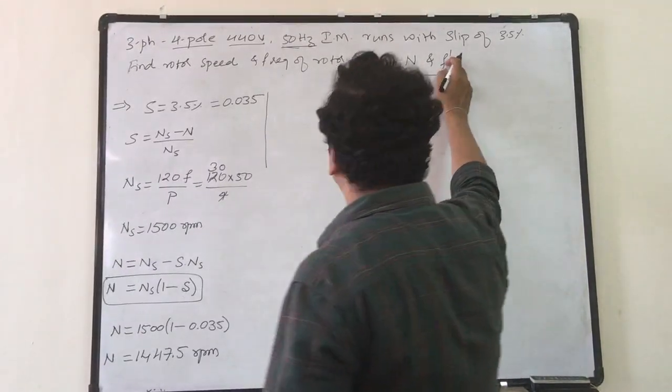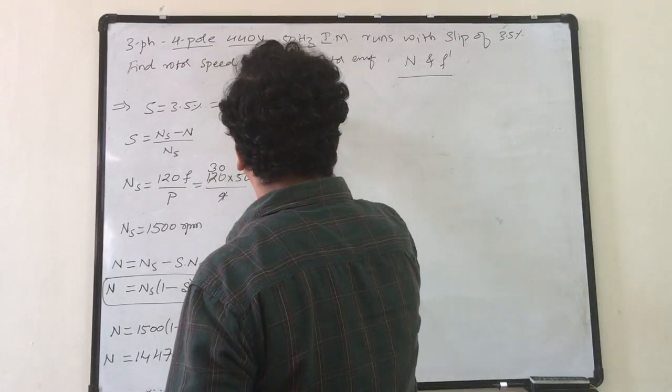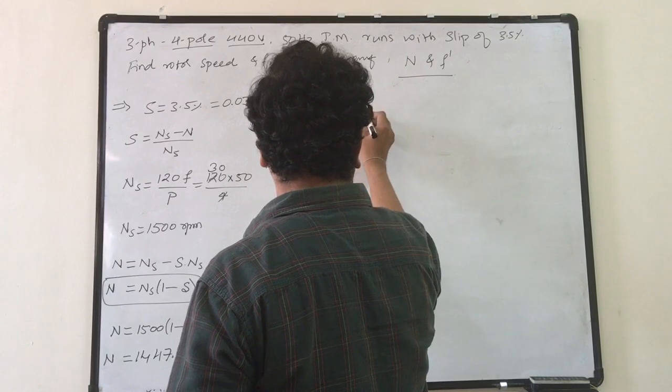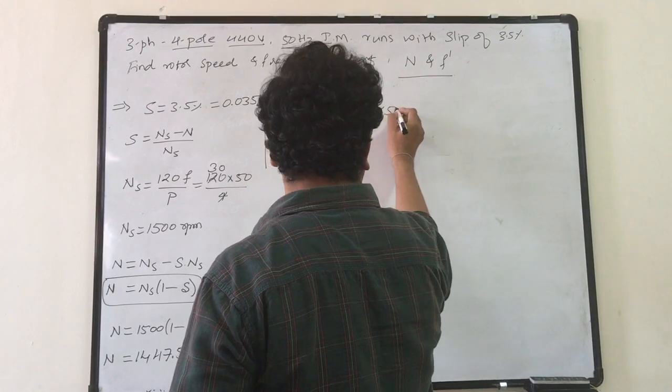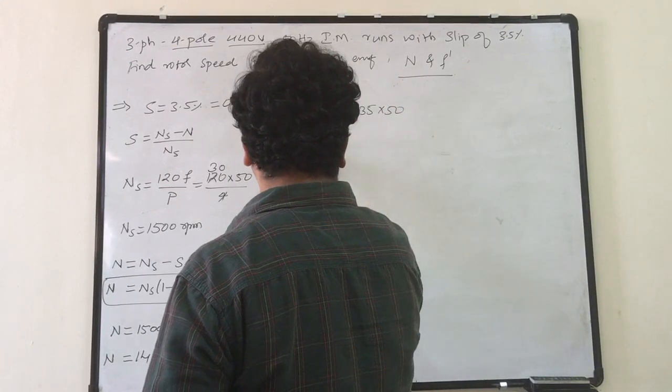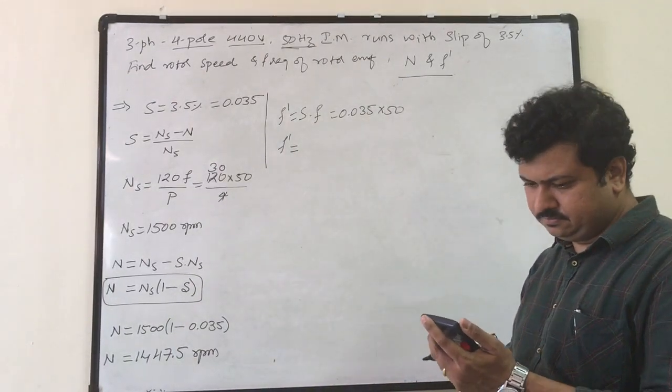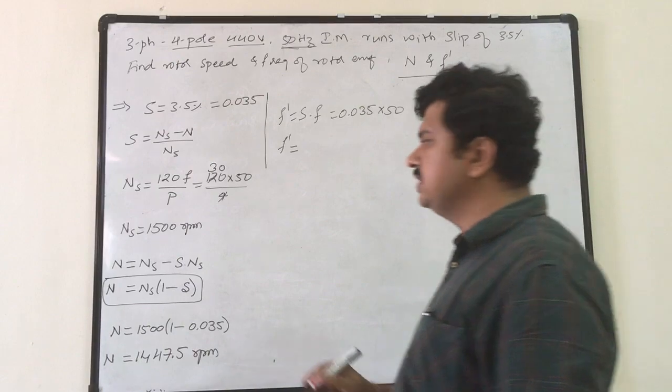Second case, F dash. F dash is equal to S into F, that is 0.035 into 50. So F dash is equal to 1.75 hertz.